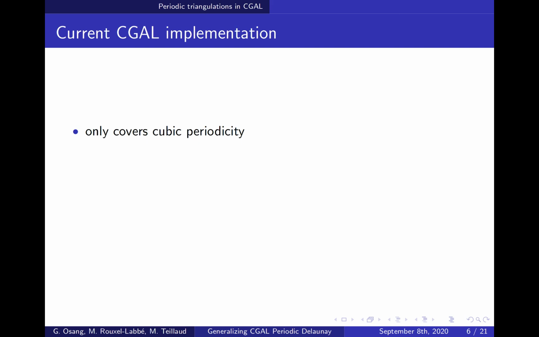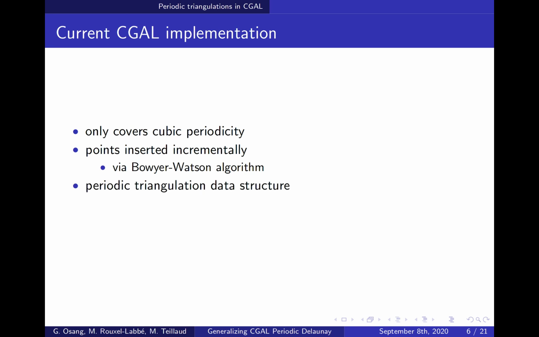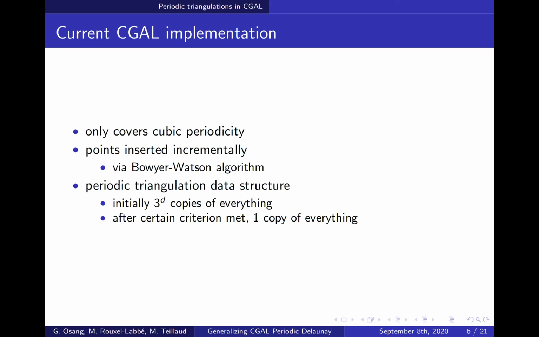So, as I just mentioned, the current implementation in CGAL only covers cubic periodicity, and the underlying algorithm is the Boyer-Watson algorithm, which inserts points incrementally, and it does that by inserting them into a periodic triangulation data structure, which initially takes 9, or in 3 dimensions 27, copies of everything.